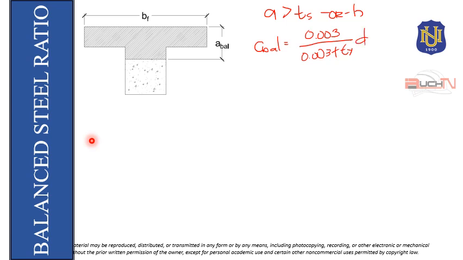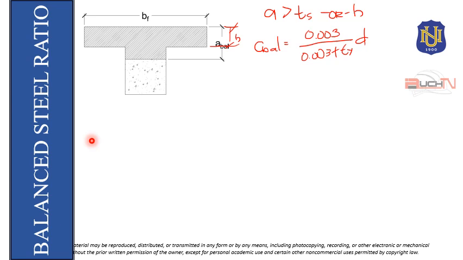Then, on the part of the rho balance ngayon, ang mangyayari is, syempre, magkakaroon ka ng dalawang compression. So, kung ito si H, magkakaroon ka ngayon ng dalawang compression for the equilibrium equation.